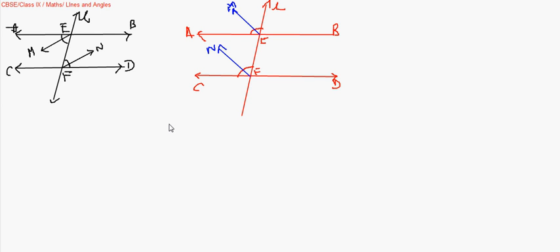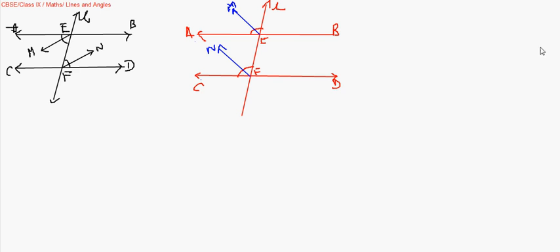Now I draw the third one, or I can simply read out the theorem and take the same figure. If it is given that the bisector lines of the corresponding angles are parallel, with a transversal, then the lines AB is parallel to CD.